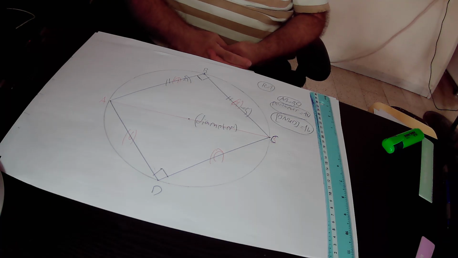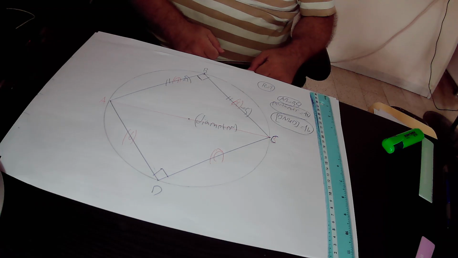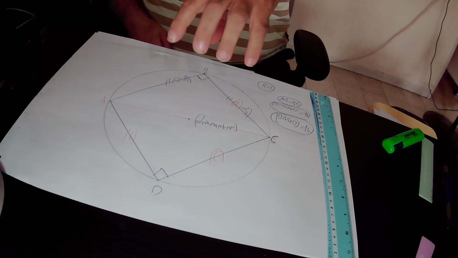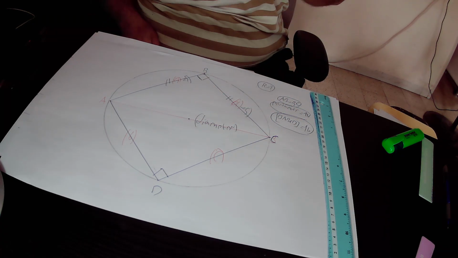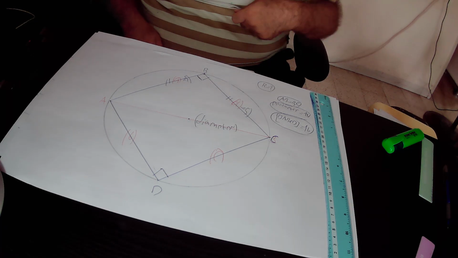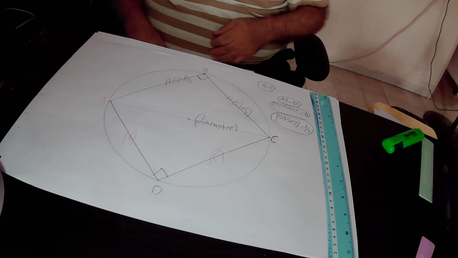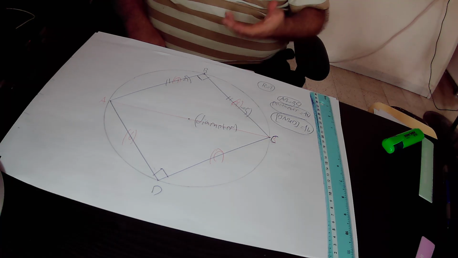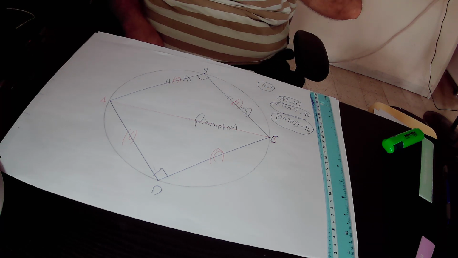We also know that the perimeter of this quadrangle ABCD equals 18 units in its length. That is to say, the sum of its side lengths in total is 18 units. AB plus BC plus CD plus DA equals 18 units in total. We also know that the area of this quadrangle ABCD is equal to 16 square units. Again, our task is to find out the radius of this circle.